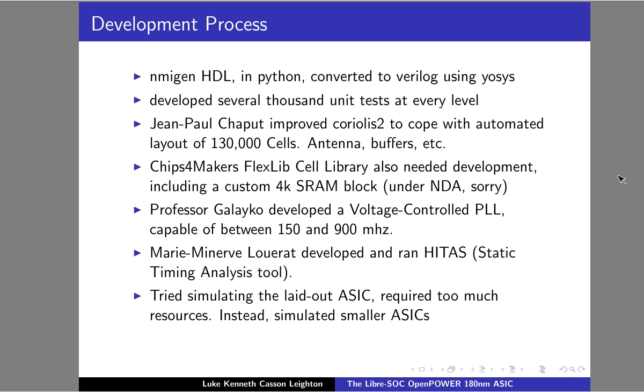We developed several thousand unit tests at every level, starting at the HDL modules, going up for the integration of the modules at the next level up in the HDL. Then we ran FPGA unit tests. We had JTAG capable unit tests.